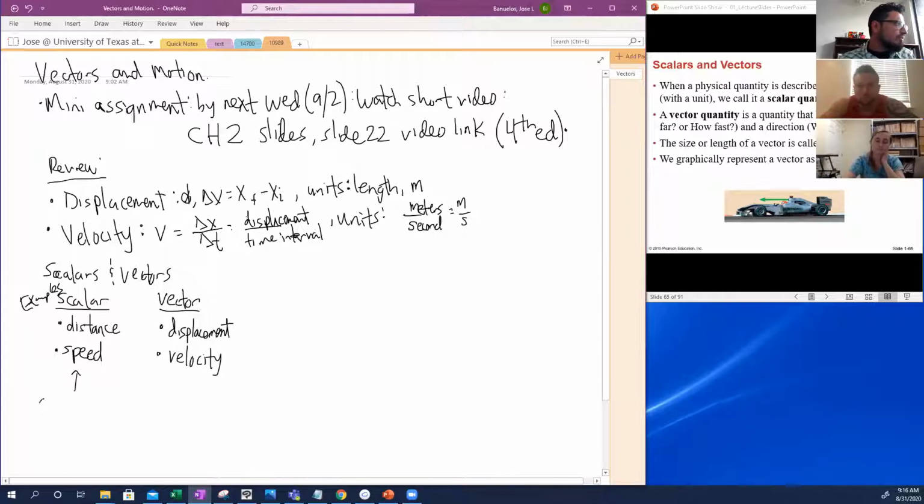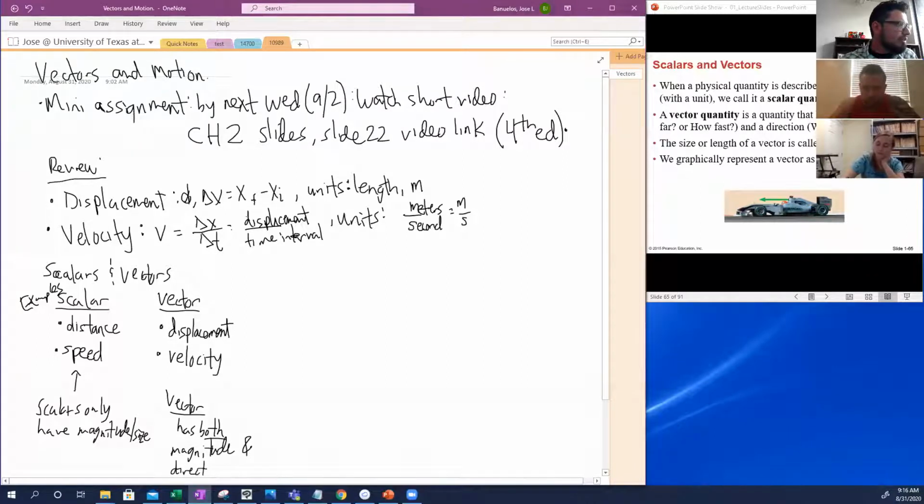So scalars only have magnitude, or size, and a vector is going to have both magnitude and direction.